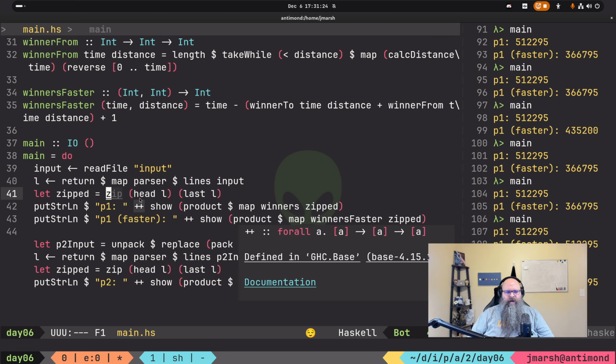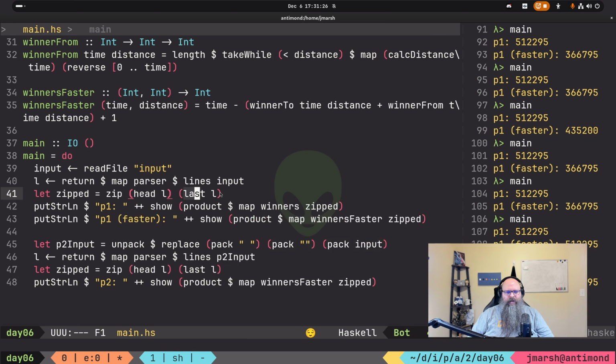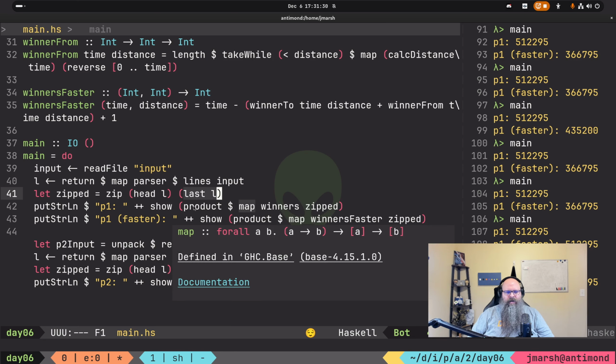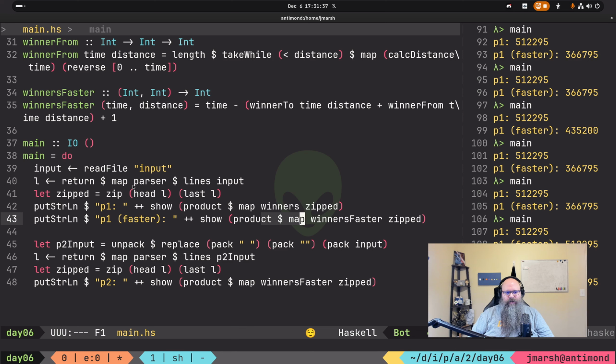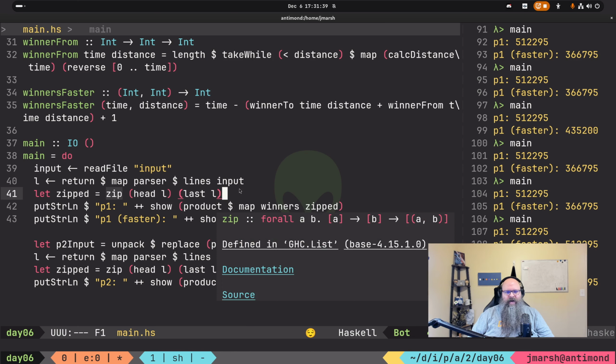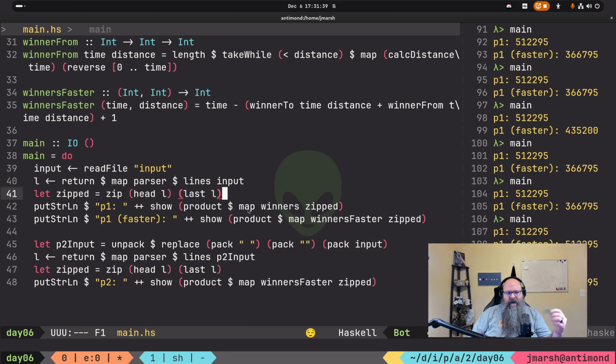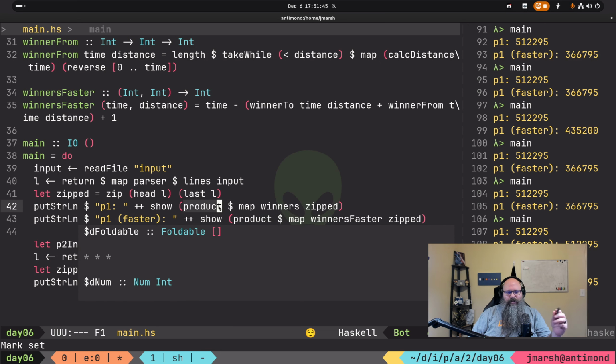So I just zip the two lines, and now for the solution I can do the product of mapping my winners function to that zipped list, right? So for each of the items in the list, I call the winners function, and then I do a product of all of those together, and that's P1.